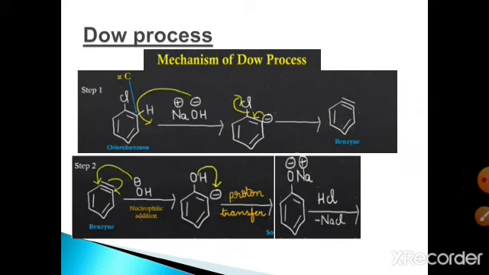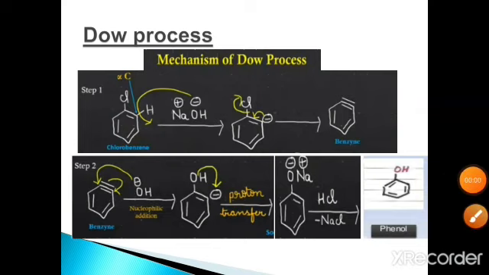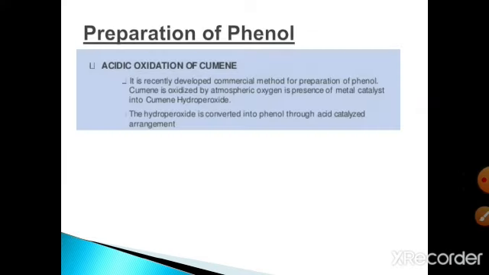It is converted into phenol, and NaCl is removed in the last step. So in the Dow process, first chlorination takes place on the benzene ring. Chlorobenzene is treated with NaOH. It is converted into sodium phenoxide ion, and this sodium phenoxide ion reacts with HCl. It is converted into phenol and NaCl.